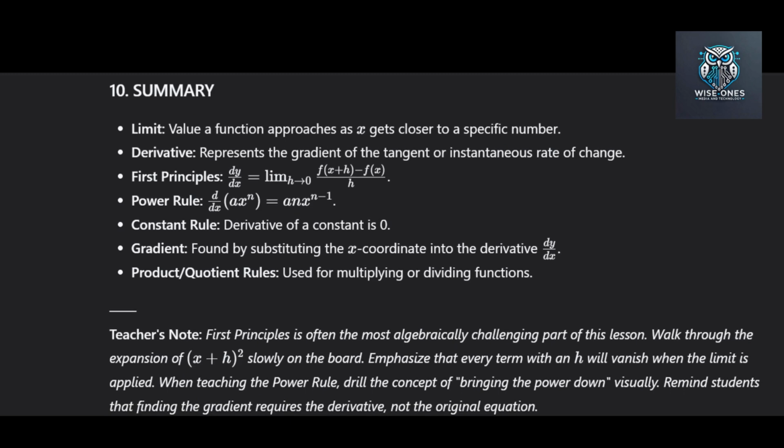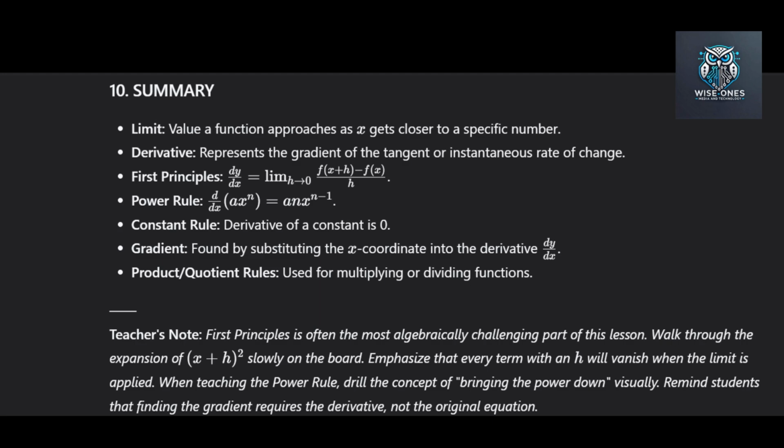Let us do a summary of what we learned today. Section 10. We learned about limit. It is the value a function approaches as x gets closer to a specific number. We learned about derivative. It represents the gradient of the tangent or instantaneous rate of change. We learned about first principles. dy/dx equals the limit as h approaches 0 of the fraction f of (x plus h) minus f of x over h.